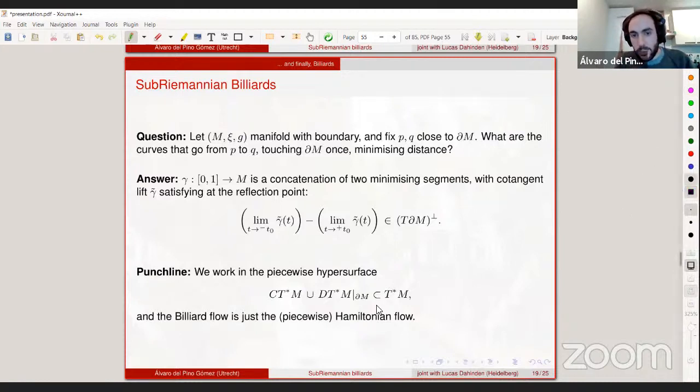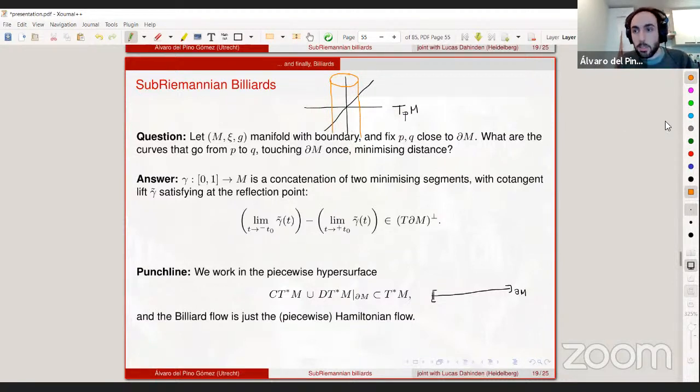So what we're saying is the following. I'm going to draw here T*M. Here I'm going to draw, let's say, M. And now M is a manifold with boundary. So this is the boundary. Now, here in T*M, as we said, we have our unit cylinder. And this is kind of where the dynamics of the subriemannian geodesics live.